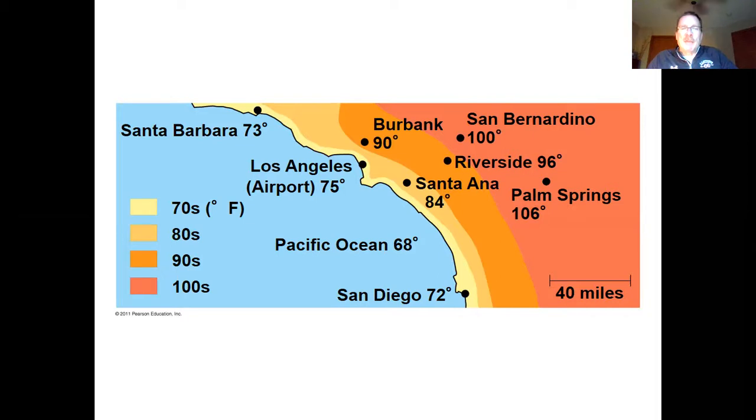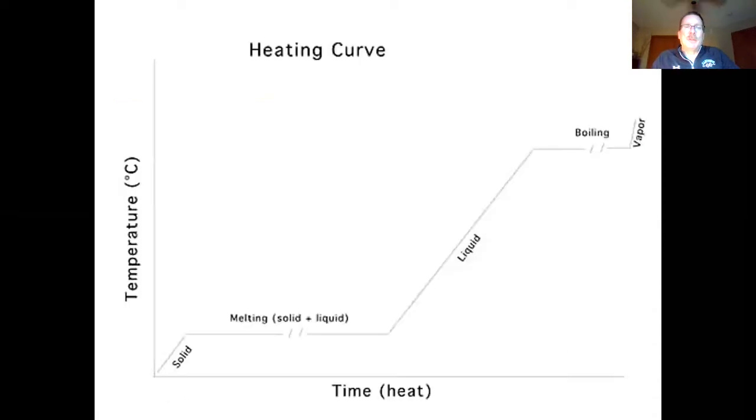Now, you don't go that far in. You go to Burbank, San Bernardino, Palm Springs. You've got the desert areas. They're not near the water. That sun bakes and their temperature goes up. Right? And if you think of all the water covering the earth, the stability that gives to our earth.